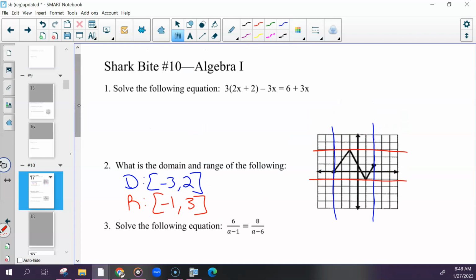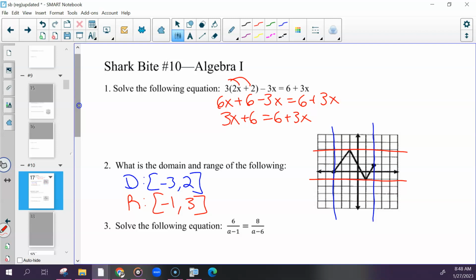So for number 1, you needed to solve this: distribute, then combine like terms on the same side. If you saw that these were the same, even though they were flipped on both sides, you could have stopped there and said this is going to be infinitely many solutions.